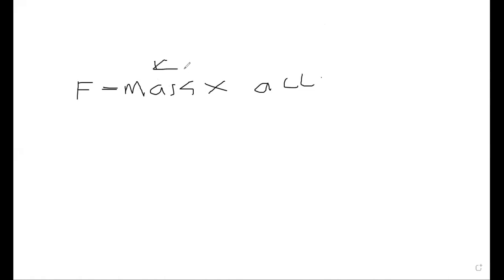Now, what is the unit of mass? Kilogram. What is the unit of acceleration due to gravity? Meters per second square. Let me bring it down so we see it clearly.